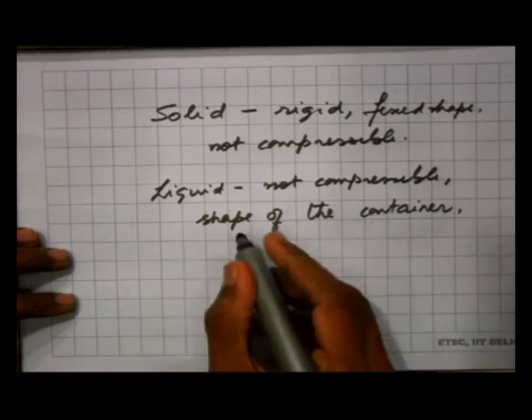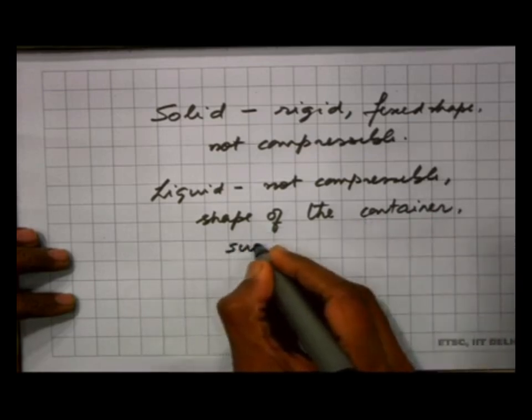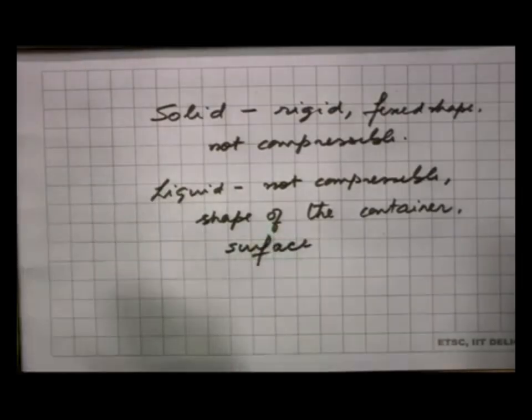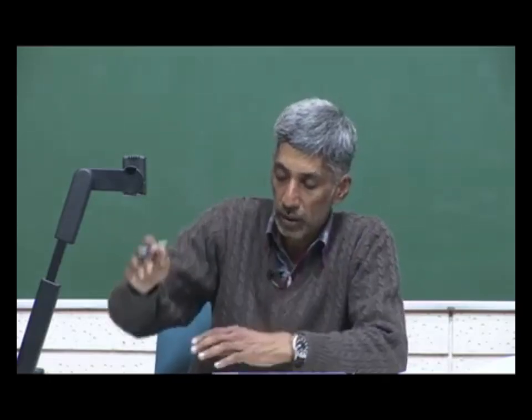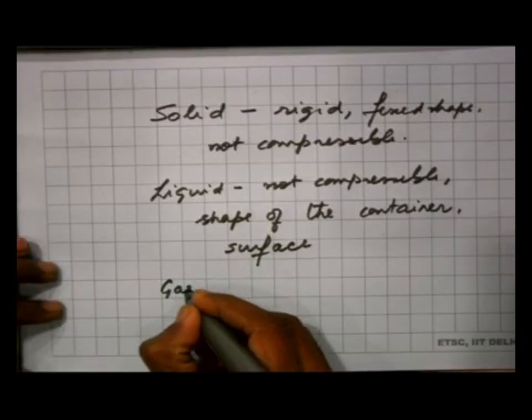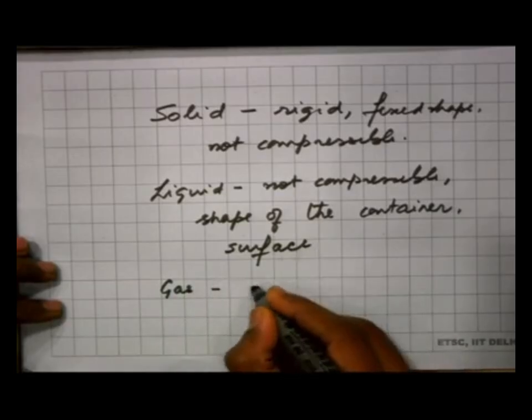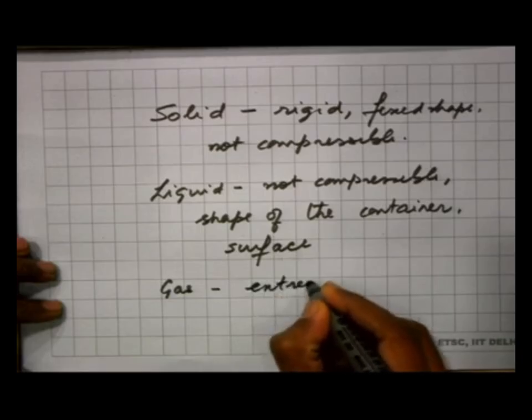and the other important thing is that it has, like a solid, a surface. So, if you put a liquid into a container, it has a surface. The reason I point this out is if you consider a gas on the other hand, this has no surface, it is extremely compressible.